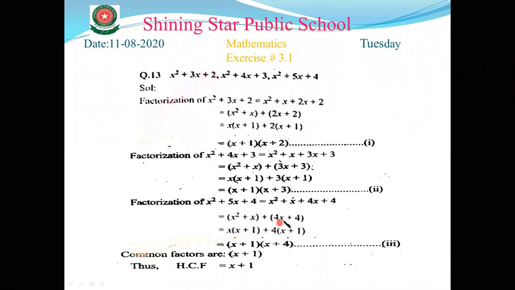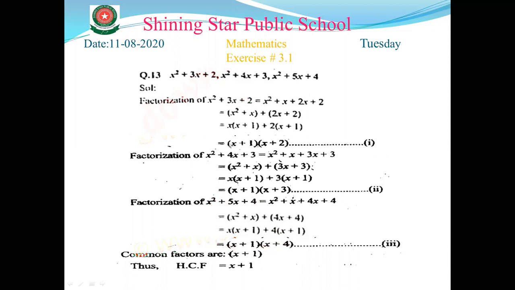And from the next two terms, when we take the common 4, it will give you x plus 1. So now from this step, we can take the common x plus 1 from these two terms. And when we take the common x plus 1, from the first term you will get the x, and from the second term you will get the 4. So x plus 1 multiply x plus 4 is your required answer of the x square plus 5x plus 4.